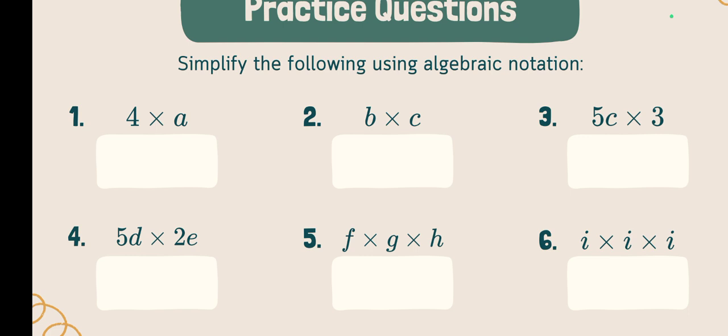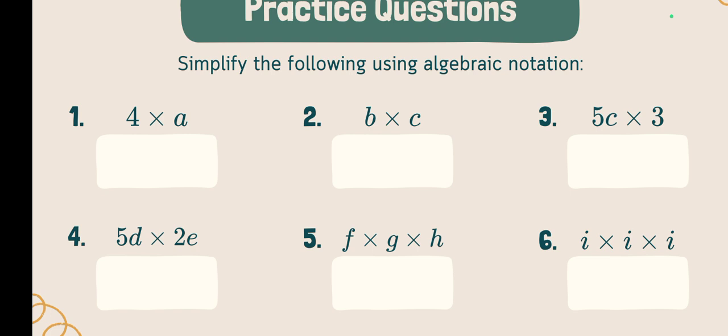Since we studied that 4 into a can be written as 4a, b into c can be written as bc, 5c into 3 can be written firstly as 5 into 3 into c, or 5 3s are 15, 15c.